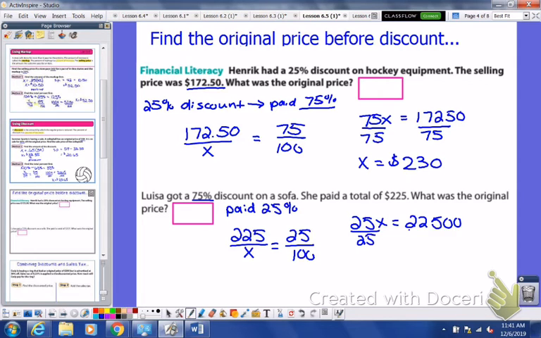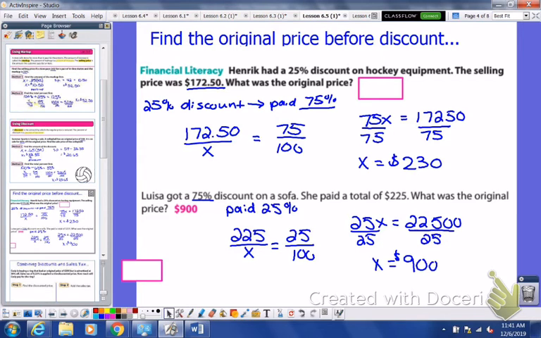Divide both sides by 25. And our original price was $900. Now you could have used the equation on both of these as well. Just double checking. Yes, it's $900, and yes, it's $230.